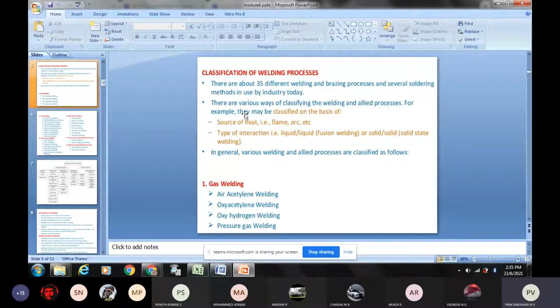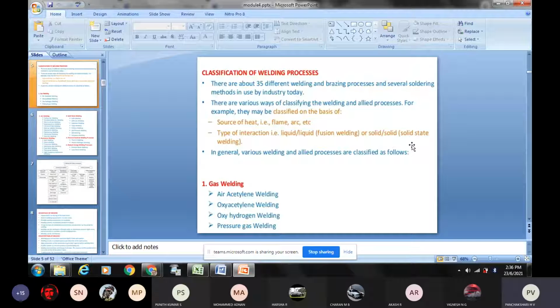How are they classified? Weldings are classified on different grounds. What are the grounds on which weldings are classified? Mainly on the basis of heat source. Classified on the basis of source of heat, that is electric welding, gas welding, etc. Then type of interaction, meaning liquid, solid, etc. Liquid state welding or solid state welding.